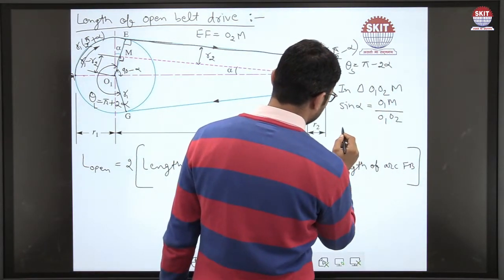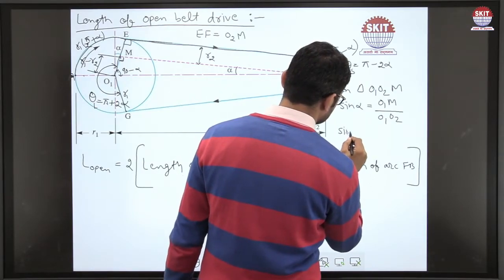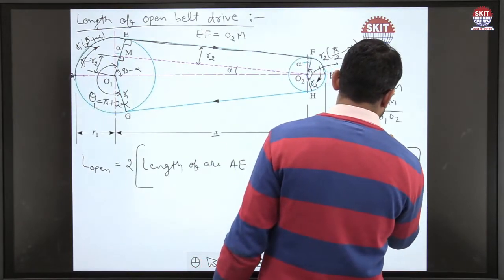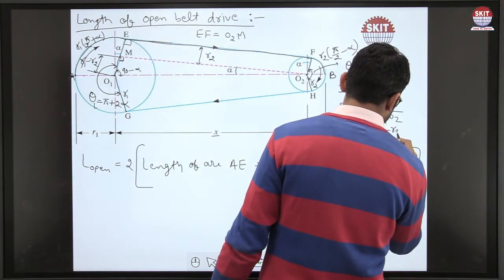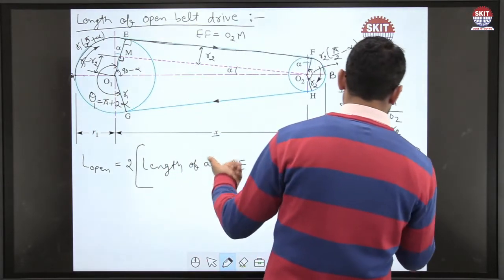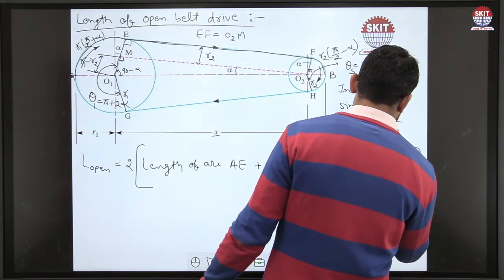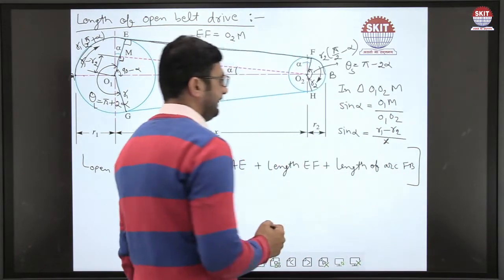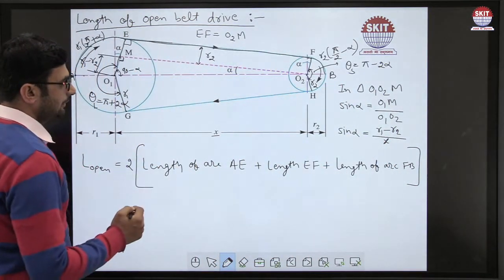The value of sin alpha is equal to R1 minus R2 upon O1O2, and O1O2 is x.